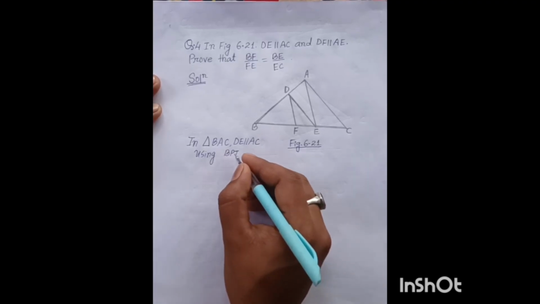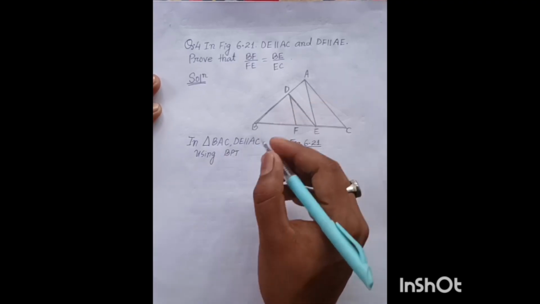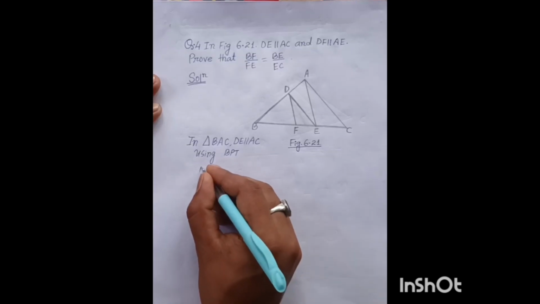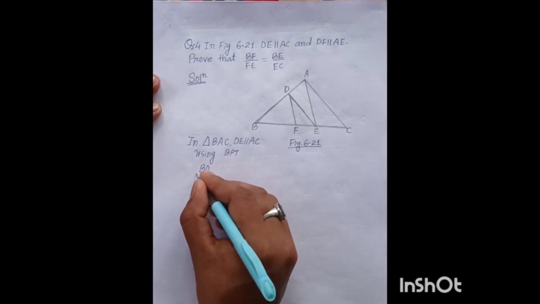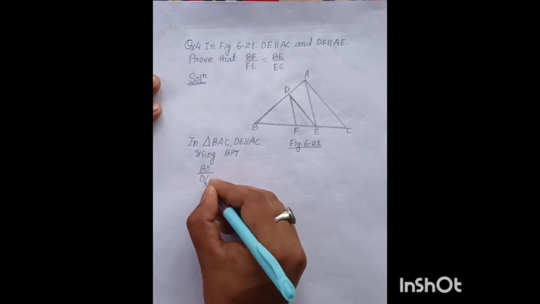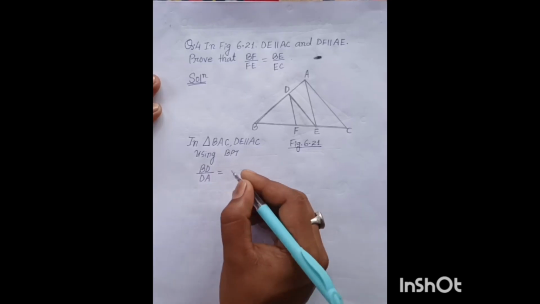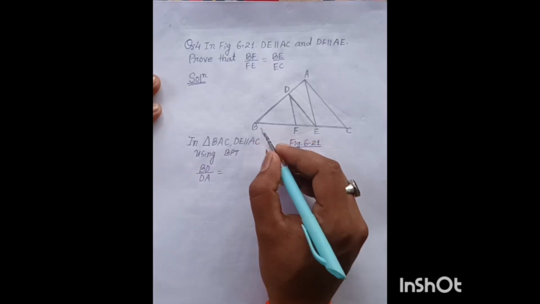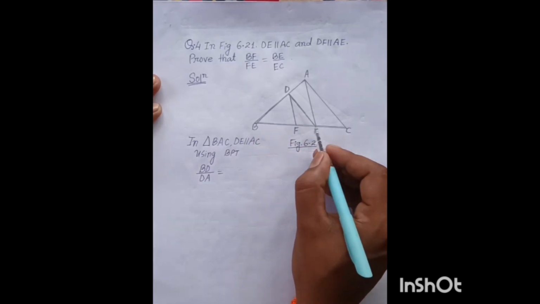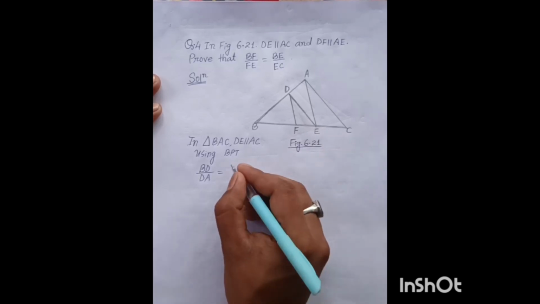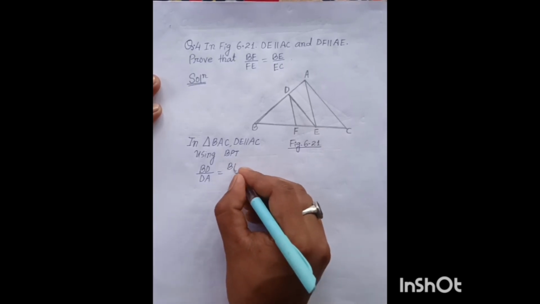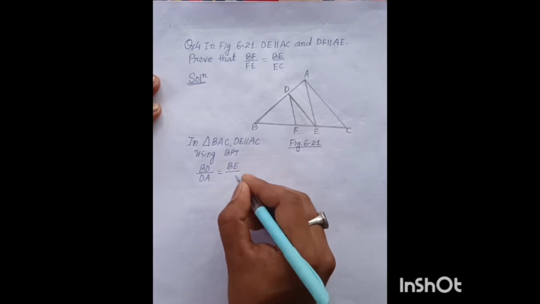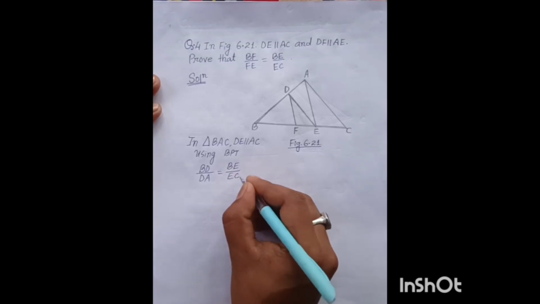So using BPT, I can write BD by DA equal to BE by EC.